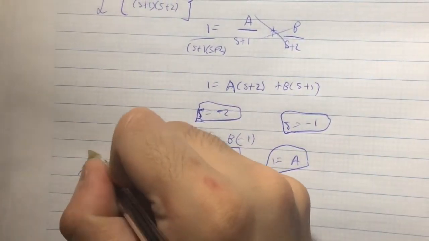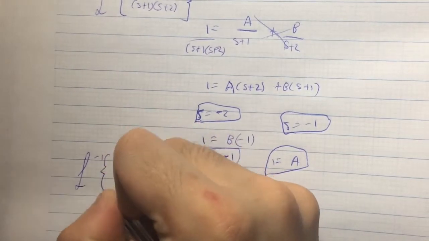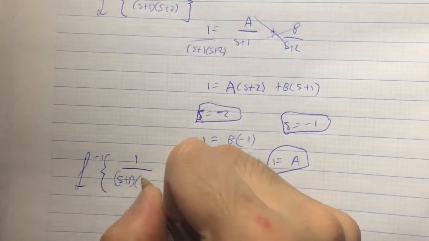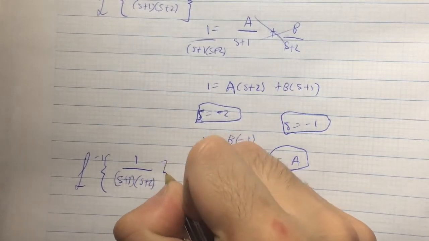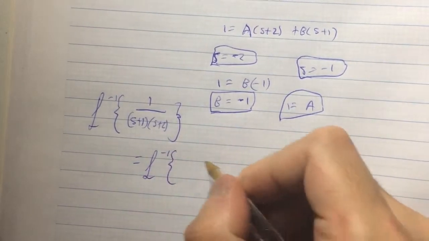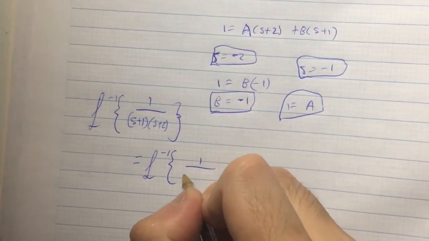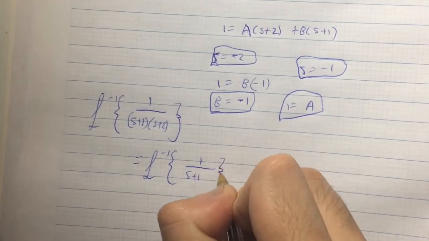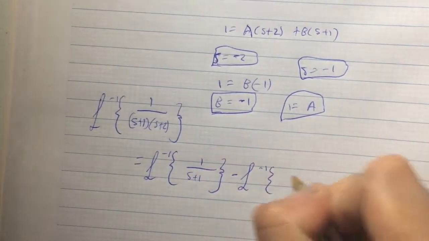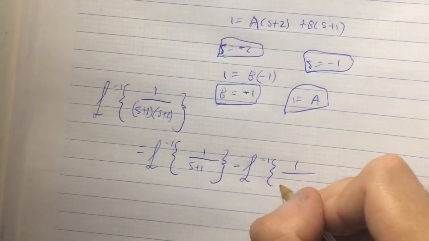So now the inverse Laplace transform of 1 over (s plus 1)(s plus 2) can be rewritten as the inverse Laplace transform of 1 over s plus 1, minus the inverse Laplace transform of 1 over s plus 2.